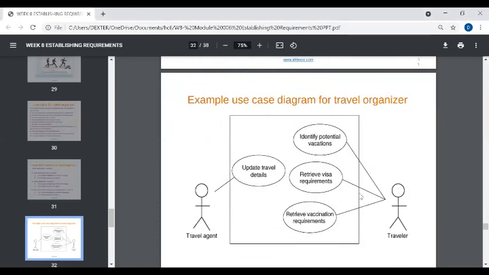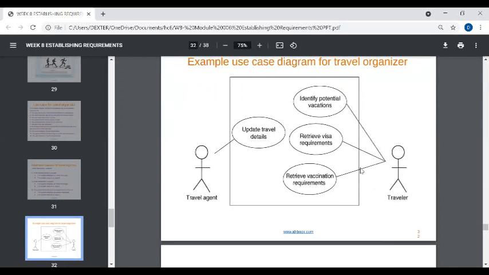So here is an example of a use case diagram for a travel organizer. Right? So the travel agent is one actor, and the traveler is the other. Okay, the travel agent updates travel details. Then the traveler identifies potential vacations, retrieves visa requirements, and retrieves vaccination requirements.